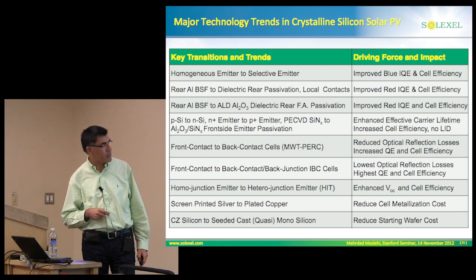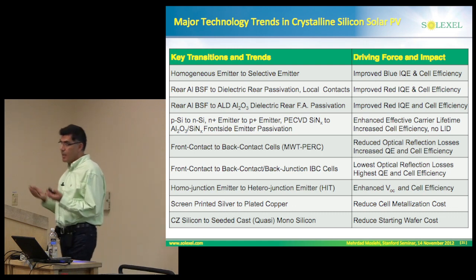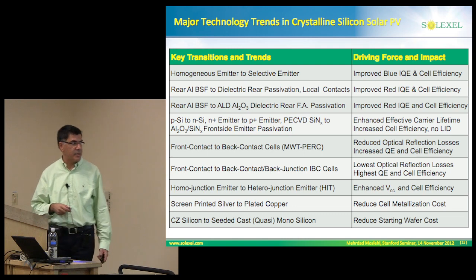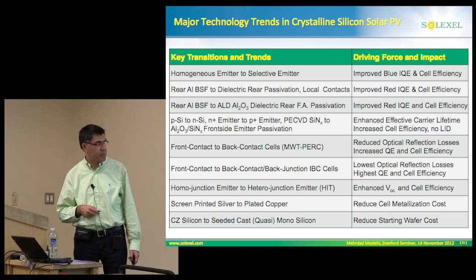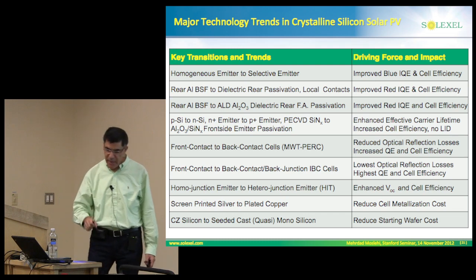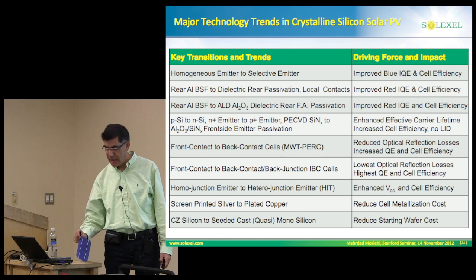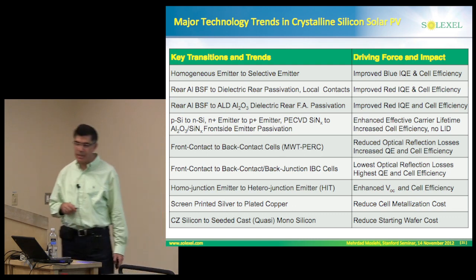There are some companies that are making transition to the heterojunction emitter cell on crystalline silicon. A good example here is Panasonic Sanyo that has been doing it for many years. And then, as I mentioned, silver cost is a significant cost component in mainstream crystalline silicon.